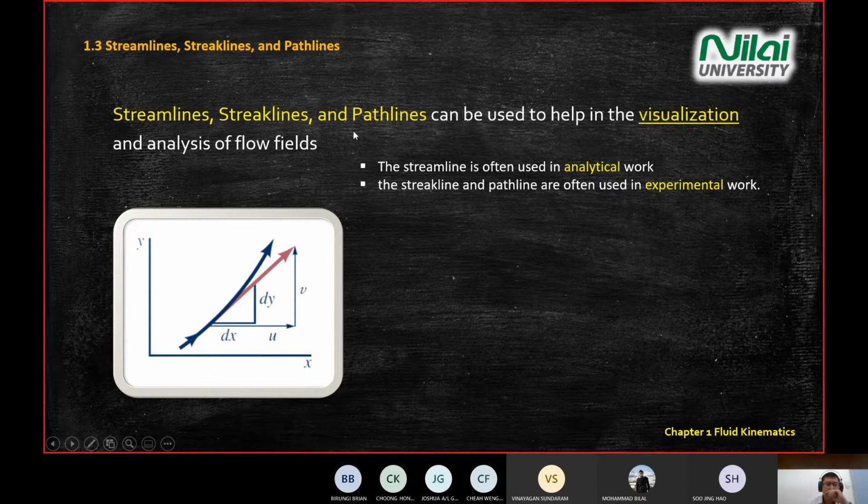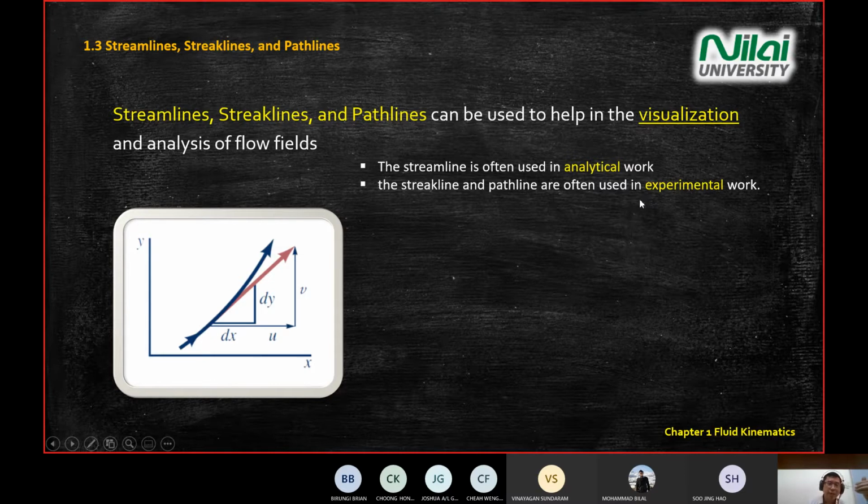Normally you will see this keyword, streamline, in the question. And if you see the words streakline, pathline, usually they will appear in the lab component, or in your lab report or in the experimental work.